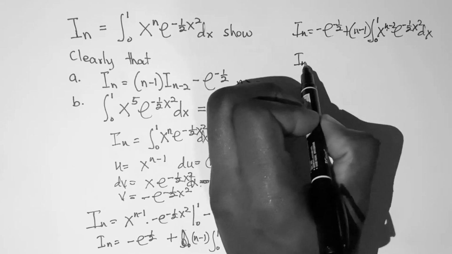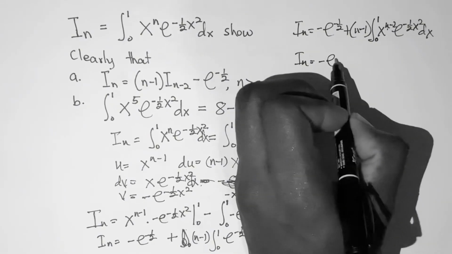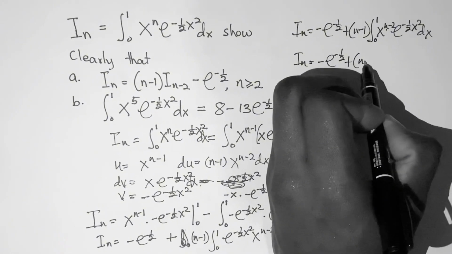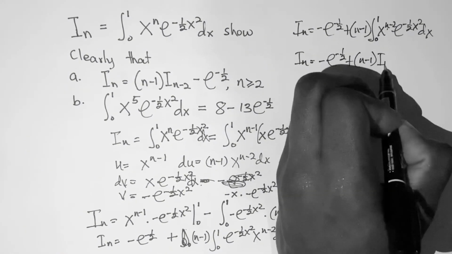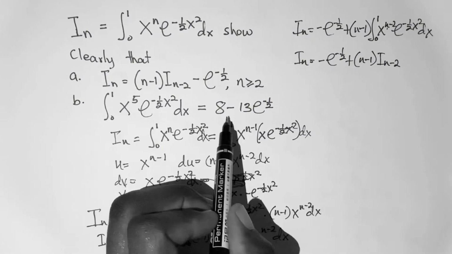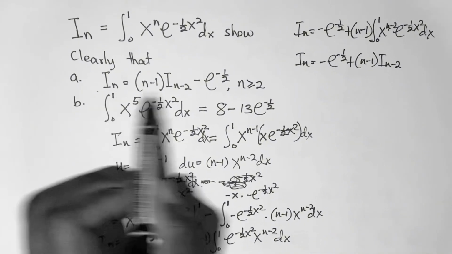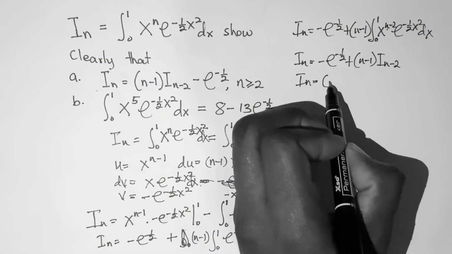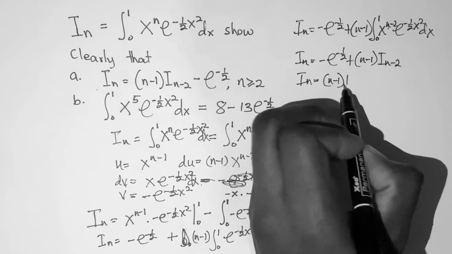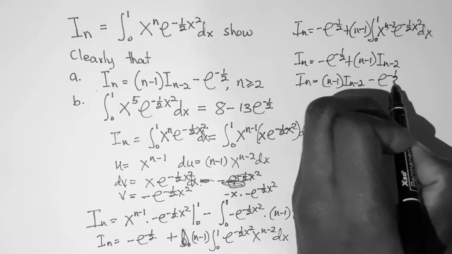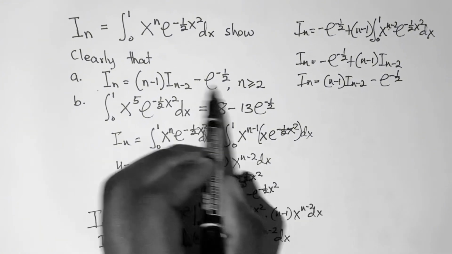So I of n is equal to minus e^(-1/2) plus (n minus 1) I of n minus 2. And that is exactly what we're supposed to prove here. So rewriting this, we see that I of n is equal to (n minus 1) I of n minus 2 minus e^(-1/2). So this is our proof.